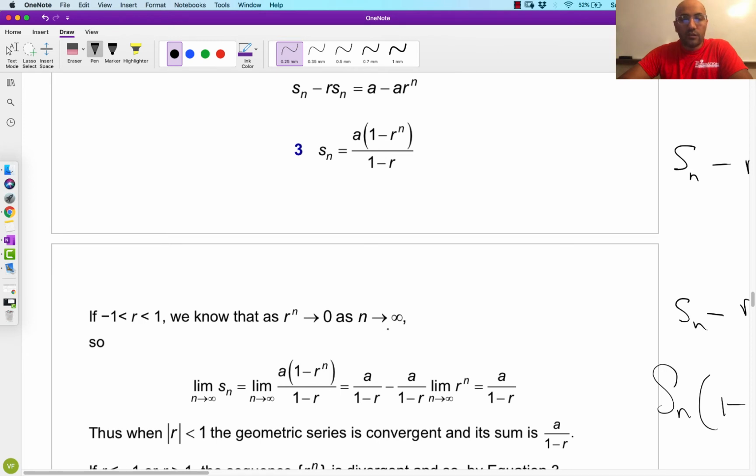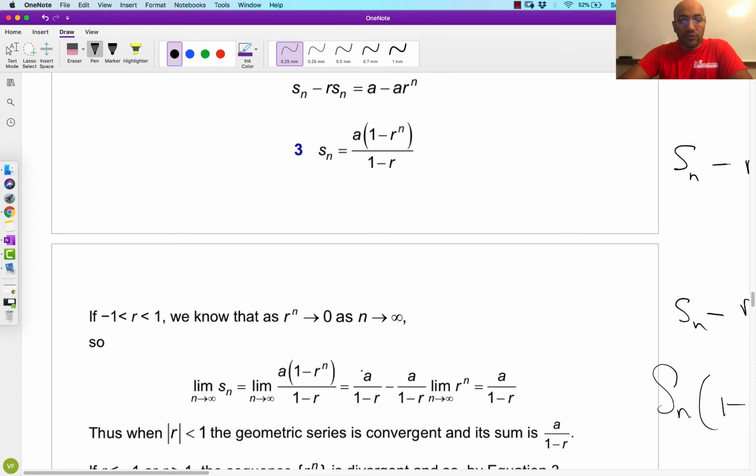the nth power goes to 0 as n goes to infinity. And so the limit as n goes to infinity of s sub n is equal to the limit as n goes to infinity of this, our formula for s sub n. We can separate that into two separate fractions. The first fraction, the limit doesn't apply to it. There are no n's in there.